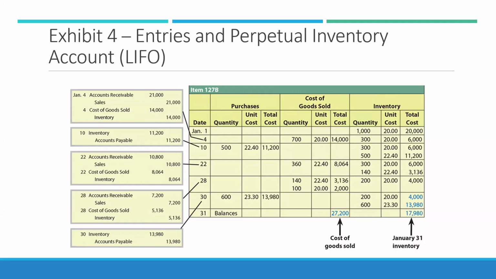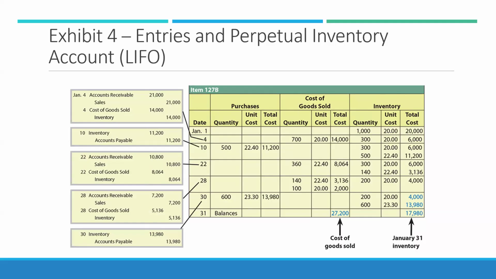So the 360 right here is taken from the $22.40 inventory because we purchased 500 of 22.40 inventory on the 10th, and we have to use all that 500 up before we can use up any of the $20 inventory again.